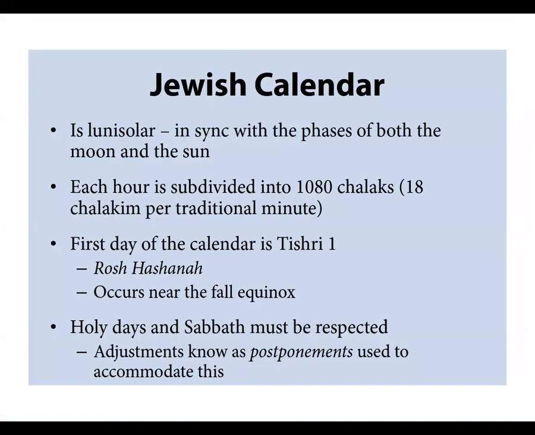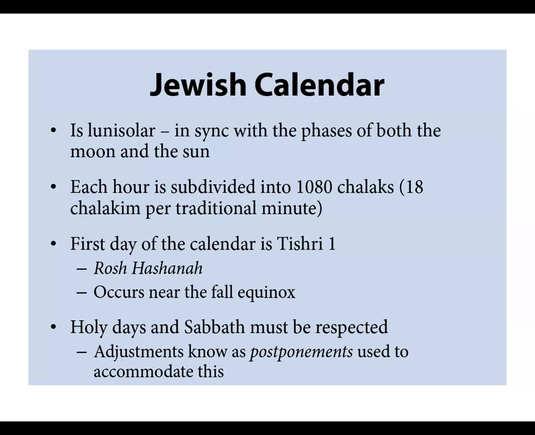So the Jewish calendar is referred to as lunar solar, which basically means that in addition to the minute cycles that keep it in sync with the moon, it also is in sync with the sun. Each hour is subdivided into 1,080 shalak, and that equates to about 18 of these, quote, shalakim per traditional minute.